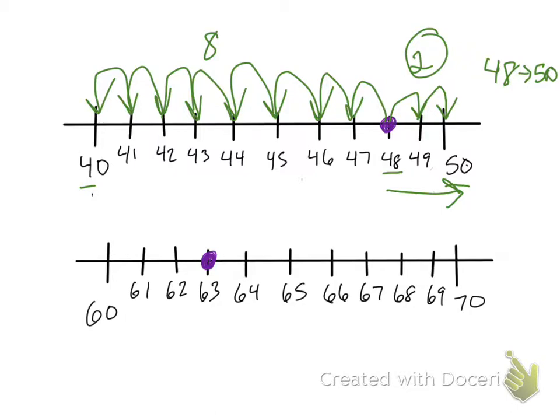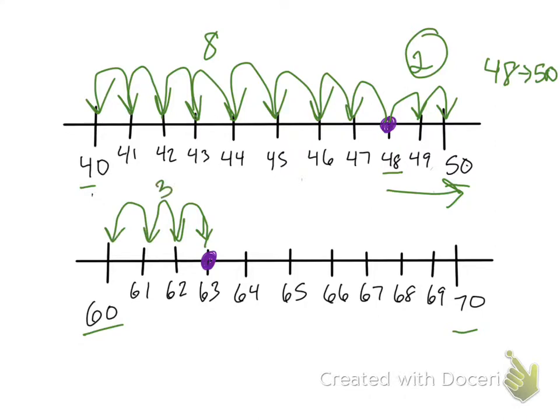Okay, let's look at this next number. The number is 63. And 63 is between 60 and 70. So how many jumps does it take to get to 60? Well, it takes 1, 2, 3. So 3 jumps to get to 60.